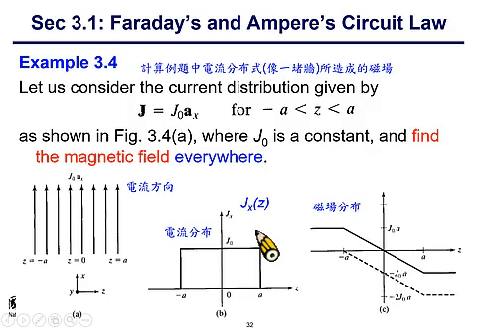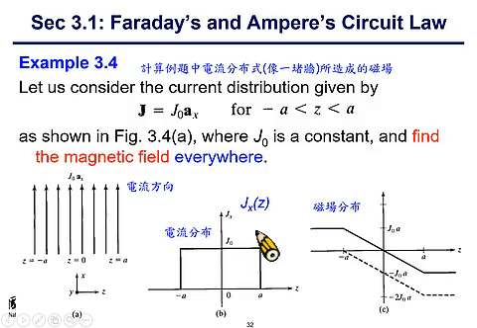So imagine that in our classroom there is this current distribution flowing in the positive x direction, and the currents only exist between minus a to a in the z direction. So you can imagine that there is a wall of electrical currents flowing upward in the middle of the classroom.